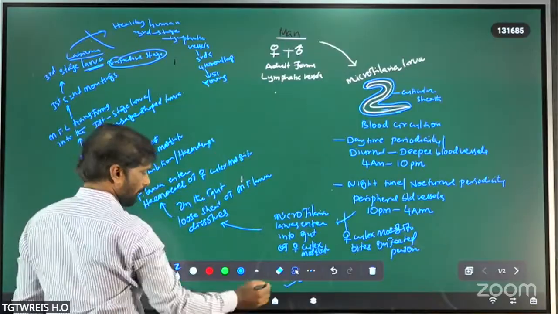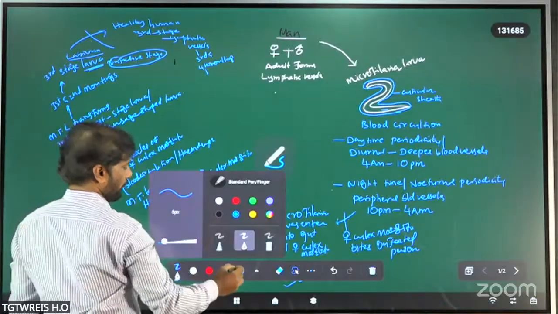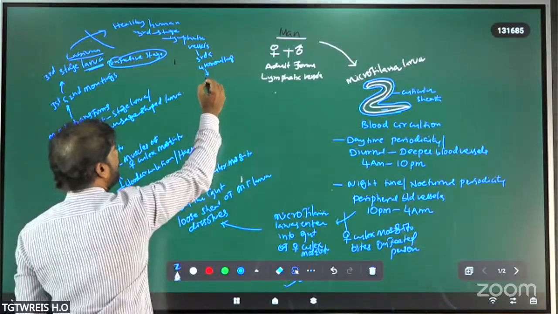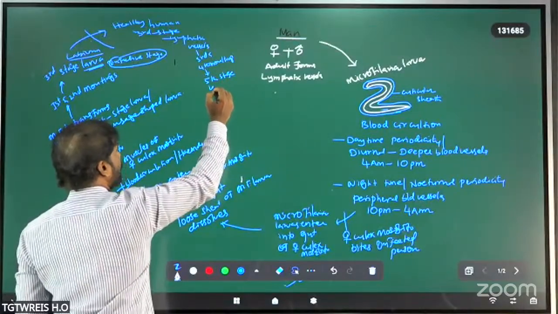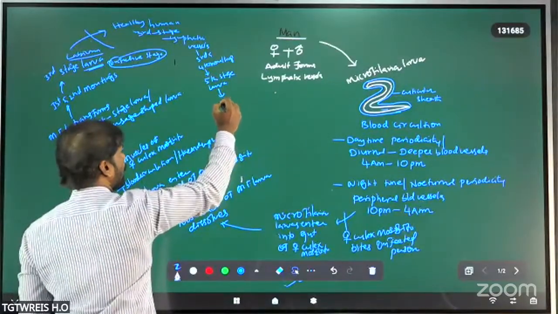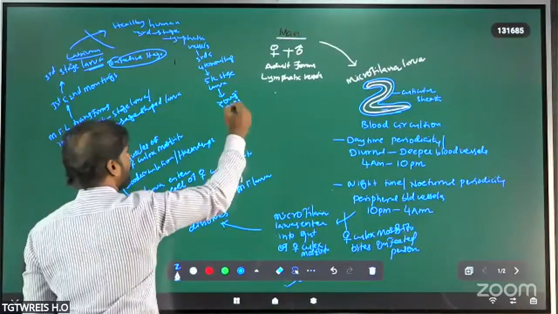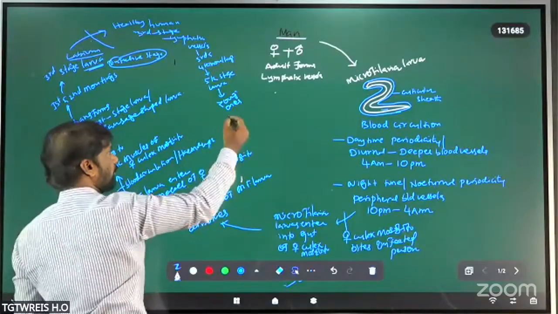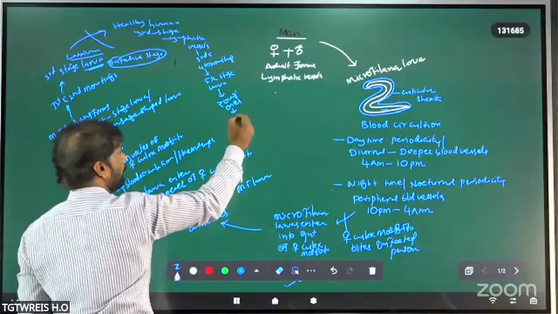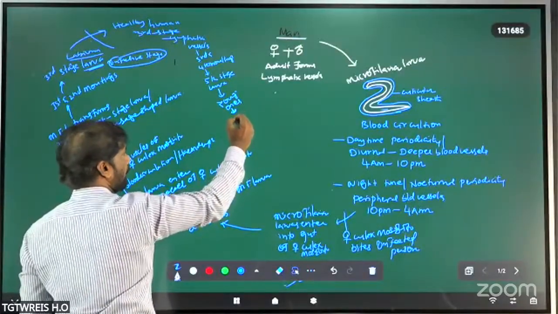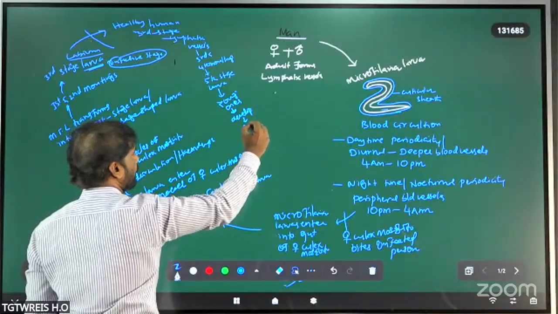You can say that these are the fifth stage larvae. These fifth stage larvae then develop into young ones, and then develop into adult forms.